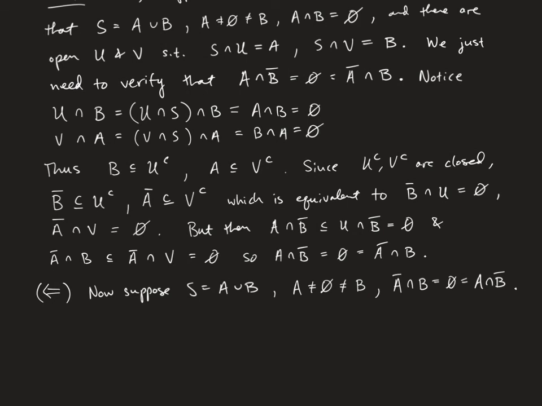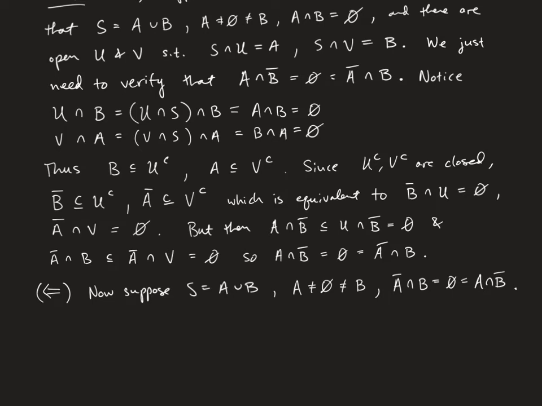Okay, so let's see. What do we have to show? Well, we have the fact that the sets are non-empty. So A and B are non-empty. And of course, this condition here is actually stronger than the fact that they're disjoint.